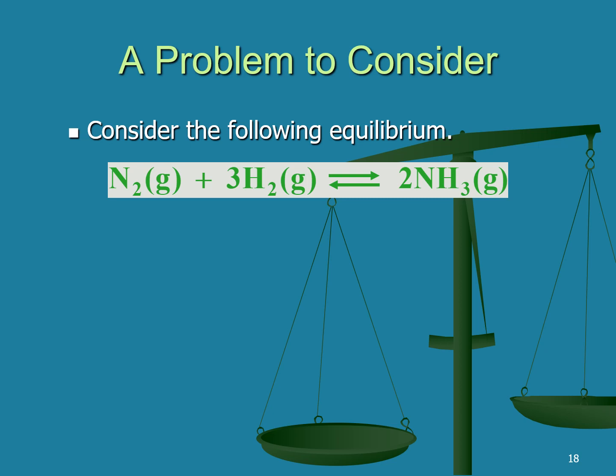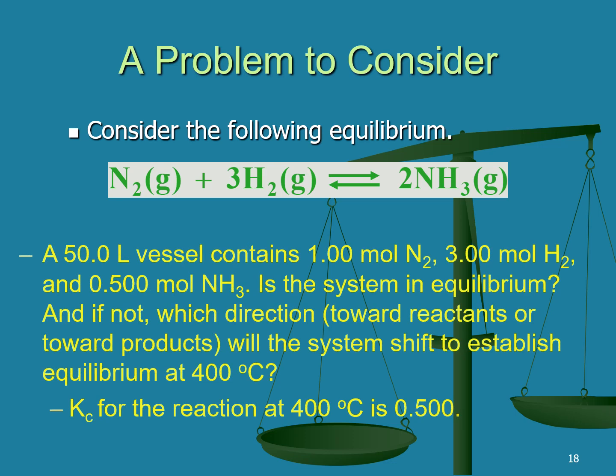All right, so let's look back at this equilibrium that we looked at earlier. We have a 50-liter vessel with 1 mole of nitrogen, 3 moles of hydrogen, and 0.5 moles of NH3. Is the system in equilibrium? And if not, which direction will it go to get to equilibrium?